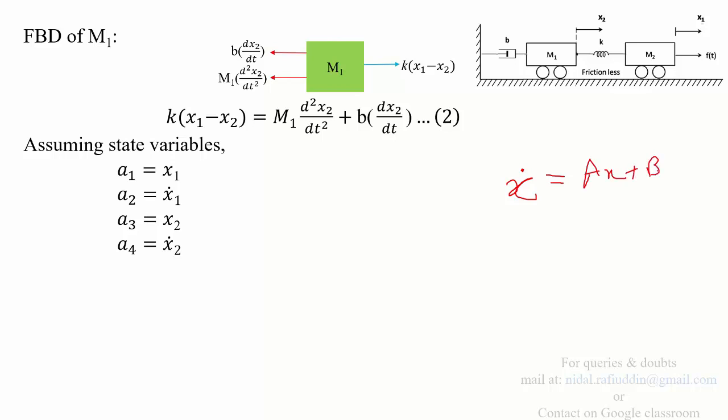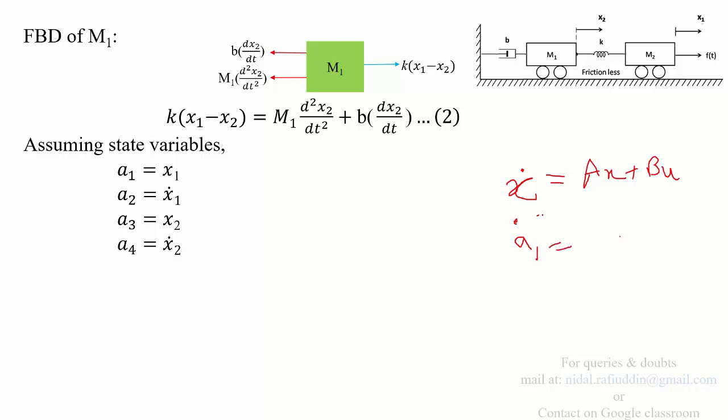This is the default state equation form in which you will be writing. As you see, you assumed a1, a2, a3, a4 as state variables, and thus we'll be writing each of these equations in the form of a1 dot equal to something in terms of a1, a2, a3, a4.